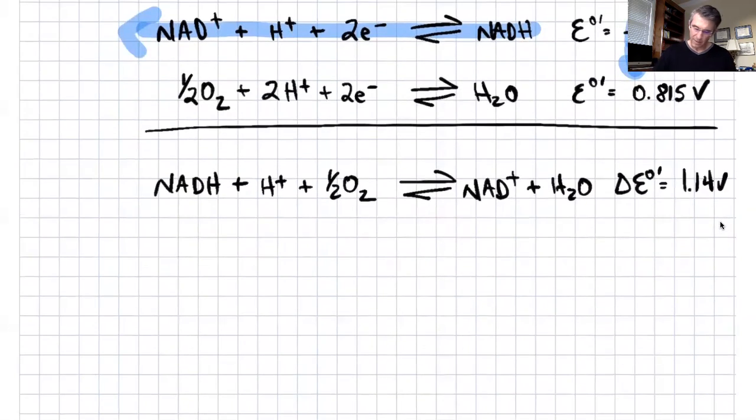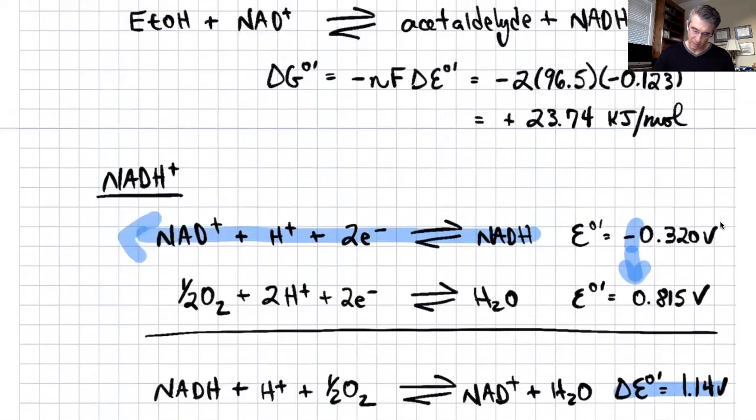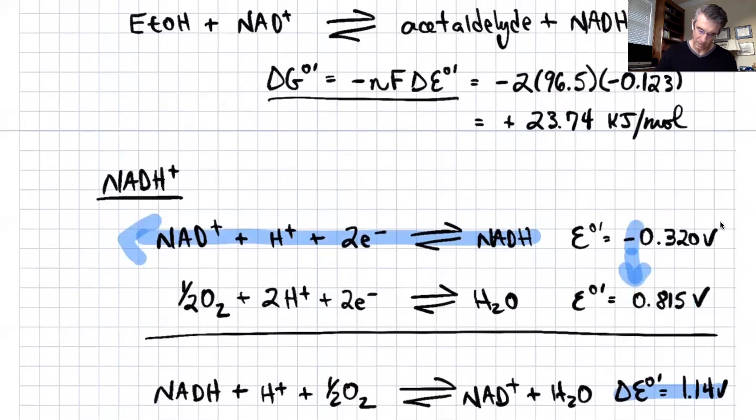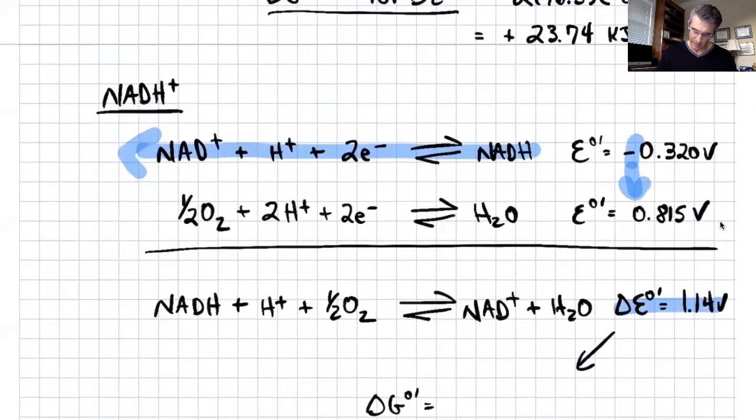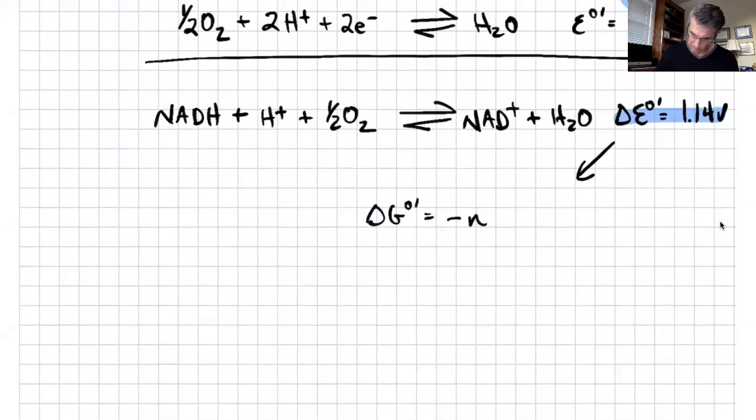If you now take that value for the standard reduction potential and you substitute that into the expression we just talked about here, what is the free energy difference for that value of a difference in standard reduction potential?